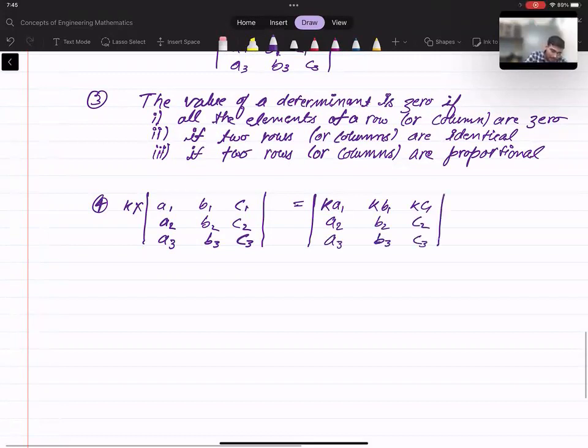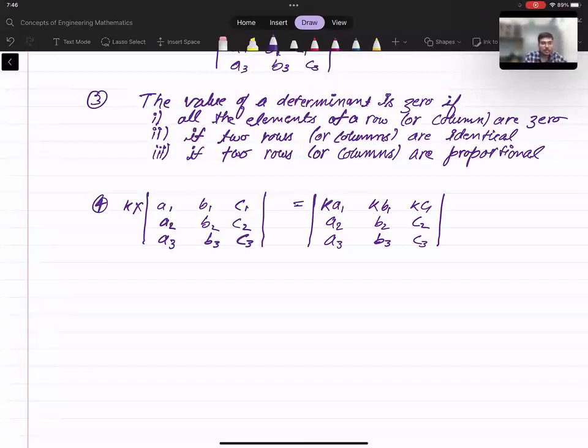So any scalar value when multiplied to the determinant gets multiplied to all the elements of any particular row or column. Or in other words, if the elements of any row or column of the determinant are multiplied by the same number, then the determinant itself gets multiplied by that number.